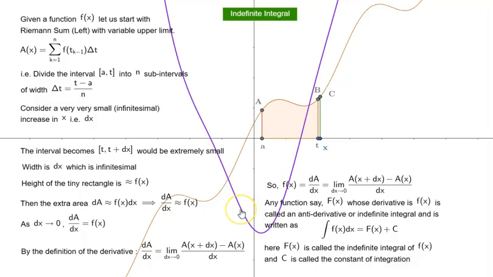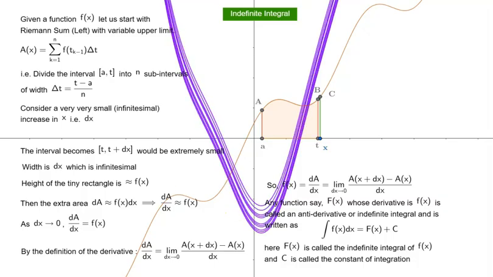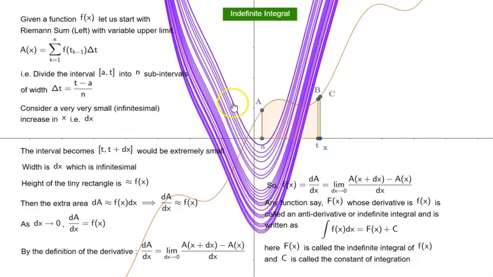And importantly, whether this graph of the integral is here or whether it is anywhere else, it represents the integral exactly. So any one of these curves could be the one which we are interested in. Or in other words, the integral always gives us a family of curves.